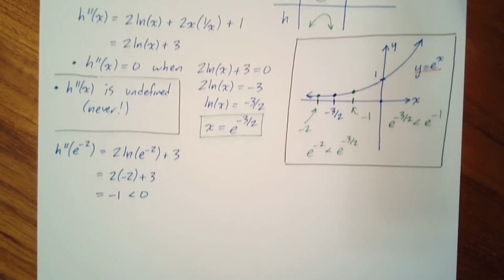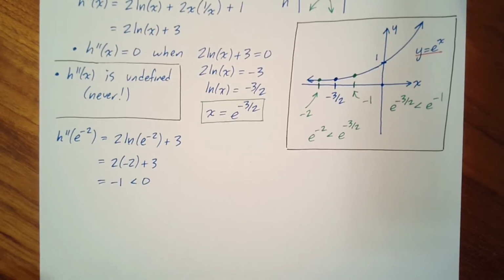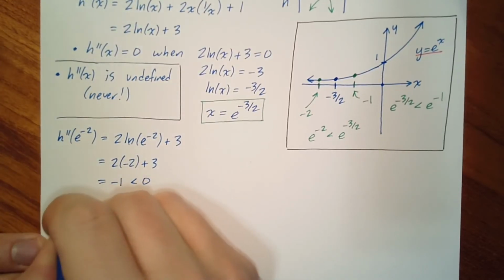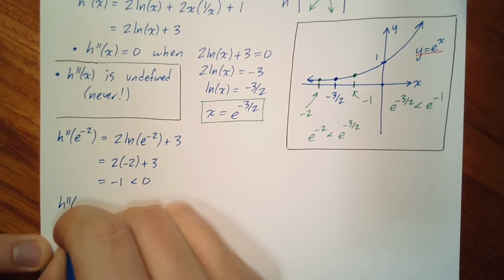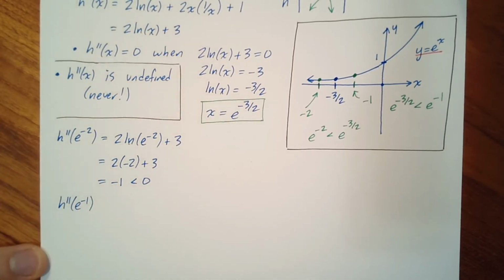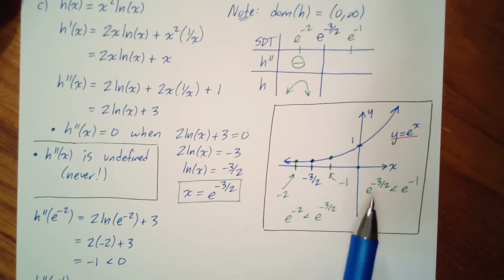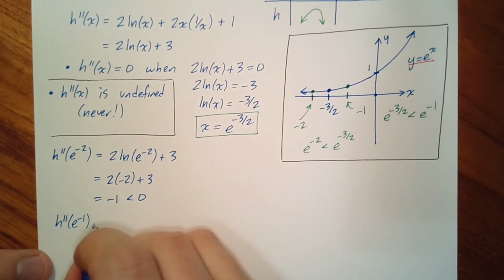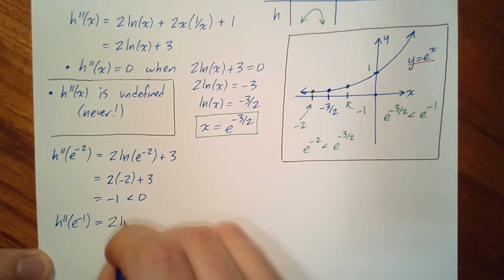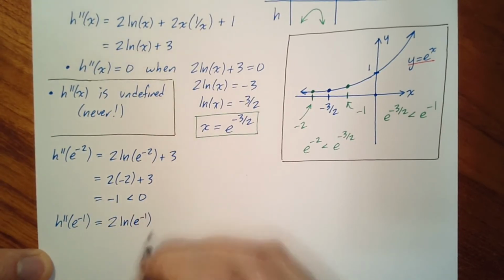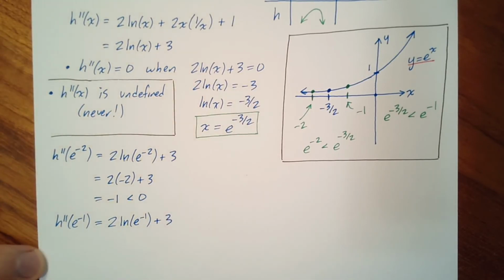Okay, and what's next? Well, we've got h double prime of e to the negative 1, because that was our sample point up here that we're plugging into h double prime now. So h double prime of e to the negative 1, we're going to have 2 times the natural log of e to the negative 1 plus 3.